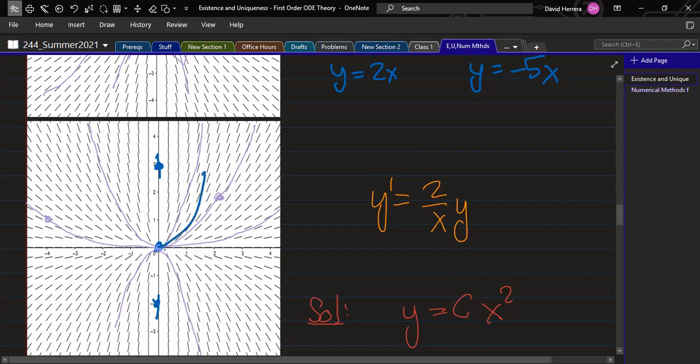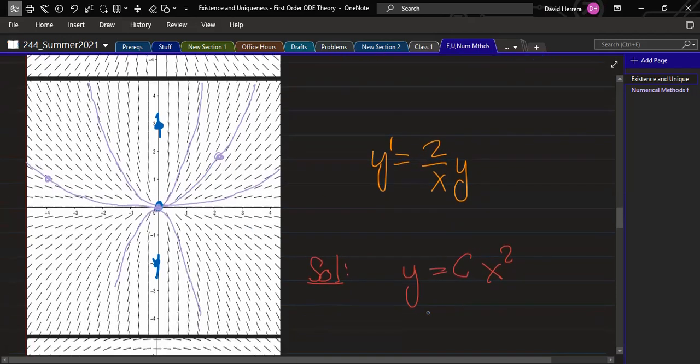You can go up this way, you can go through this solution, or this one. There's no restriction. And this comes from the fact that you have this differential equation here. You can have solutions like negative x squared. You have y is 0 times x squared, which is just this constant solution here.